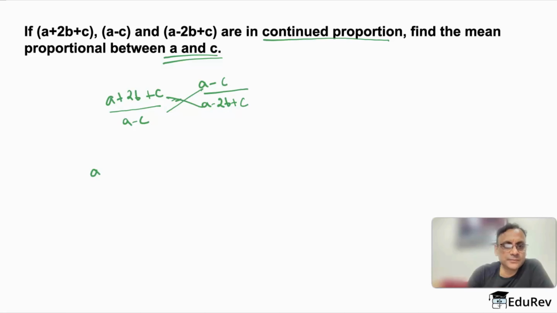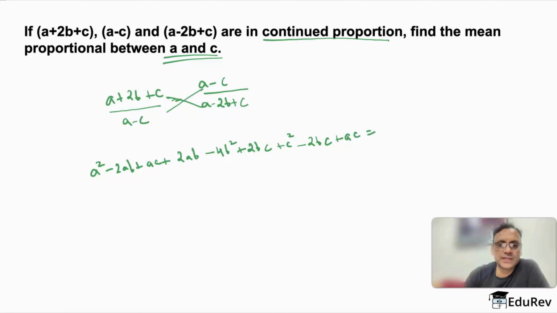So let's do that. A square minus 2ab plus ac plus 2ab minus 4b square plus 2bc plus c square. I should have done that first. Okay, no problem. C square minus 2bc plus ac. So my left hand side is done, is equal to right hand side is a minus c whole square.